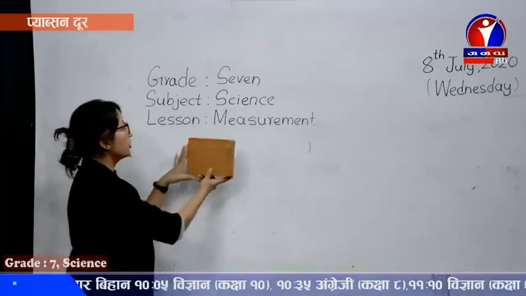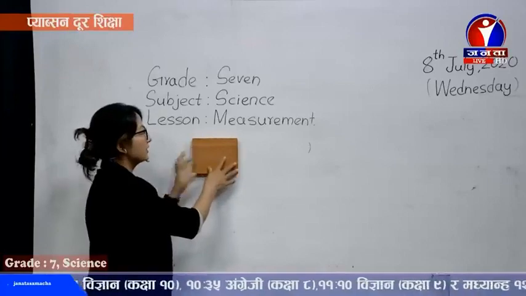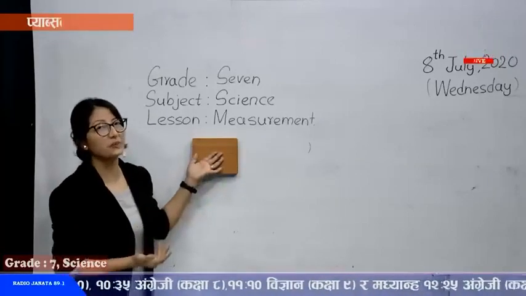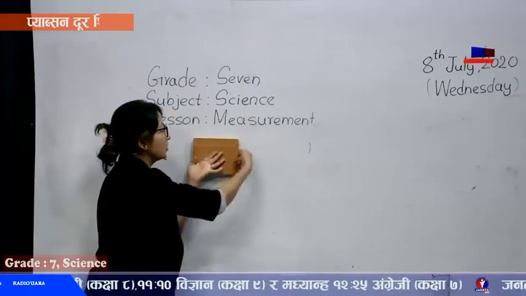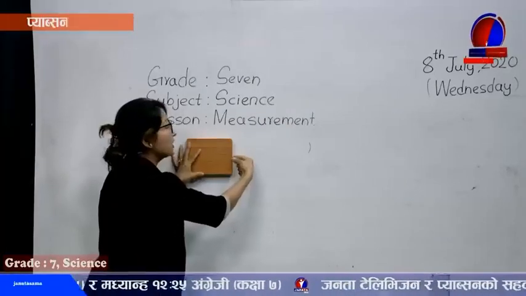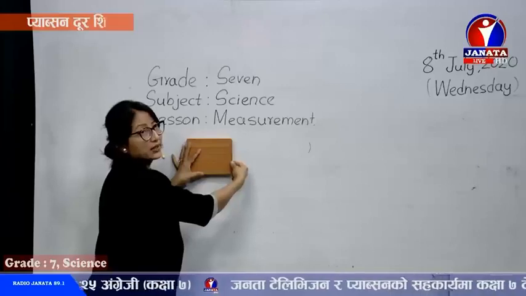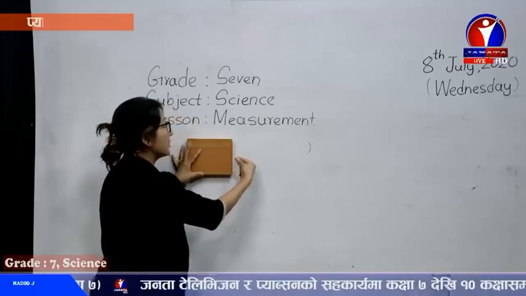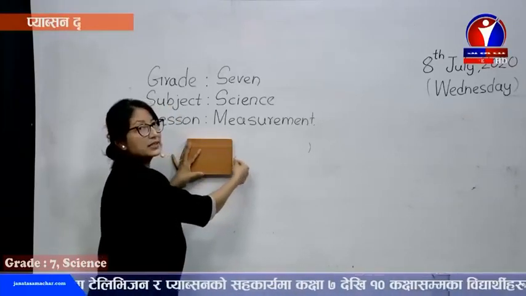Like if you keep a box over here on the surface, how much surface is covered by this object? Like this much surface is covered by this object. That is its area. But we have to think about the height as well. Yes, just remember this, height is also to be considered.